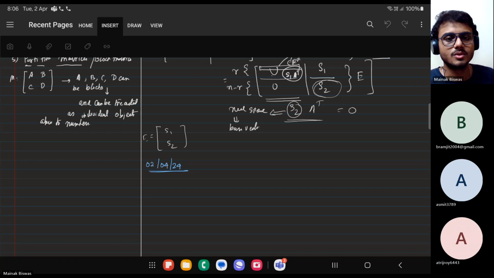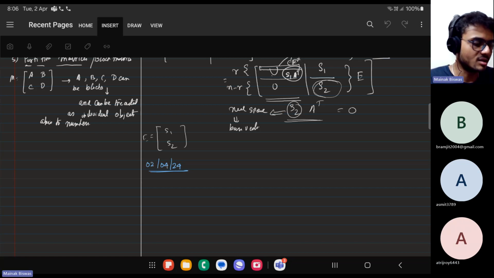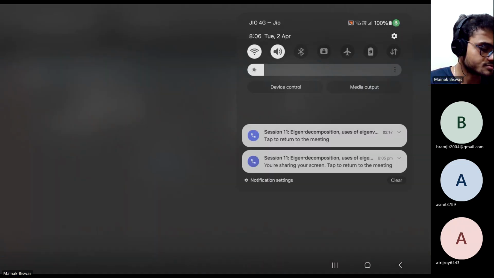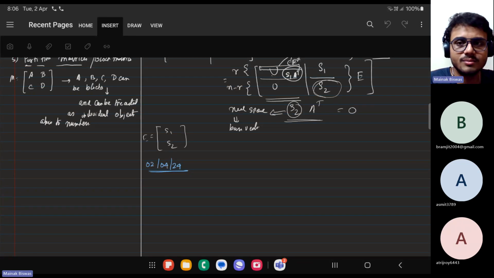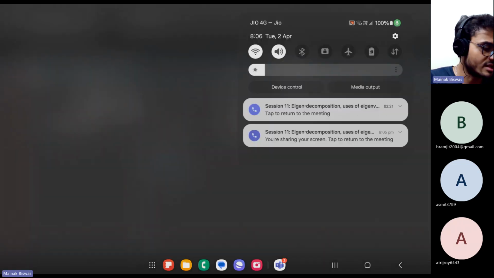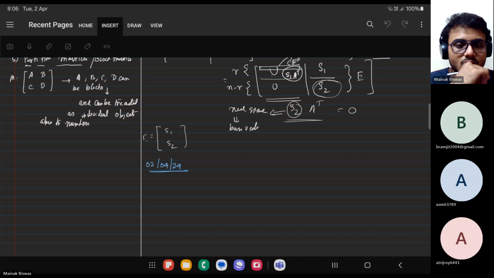Yes. Okay, so before we let people join, in the meantime I'll quickly recap one thing, which is also a part of your second assignment, that is trying to find the null space of a vector or a matrix using just elimination.